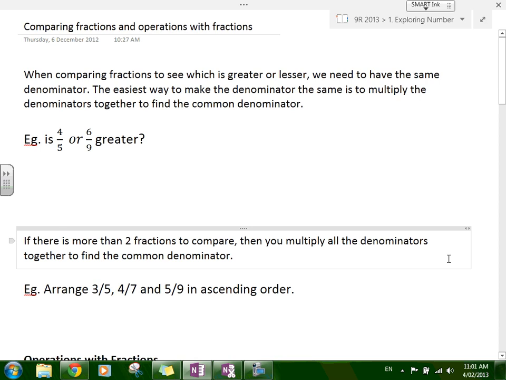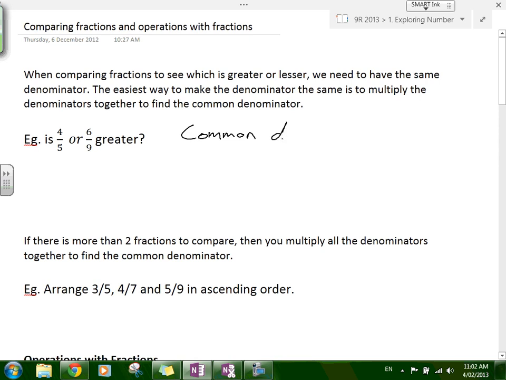If you have two fractions, the way that you find the common denominator and change both is to multiply the denominators together. Just watch what I do. For the common denominator, I might just write denom to abbreviate.